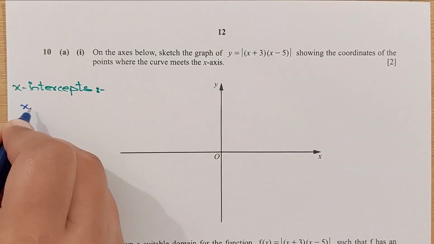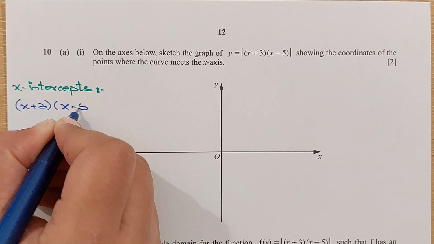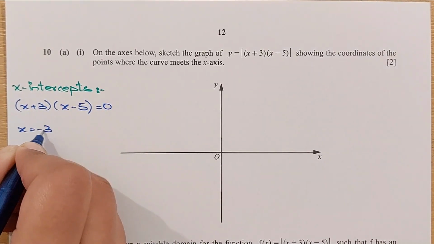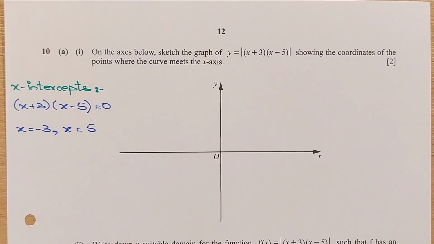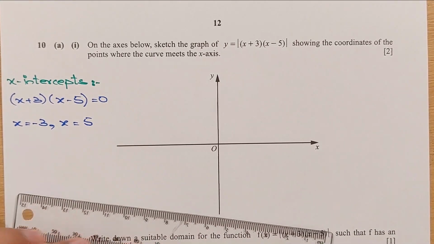X-intercepts are the points when the function y equals 0. So we have x plus 3 and x minus 5 equals 0. So here x is equal to negative 3 and x is equal to positive 5. These are the two x-intercepts, right? Now first let me plot the x-intercepts.